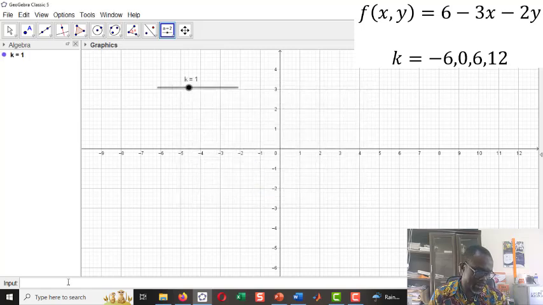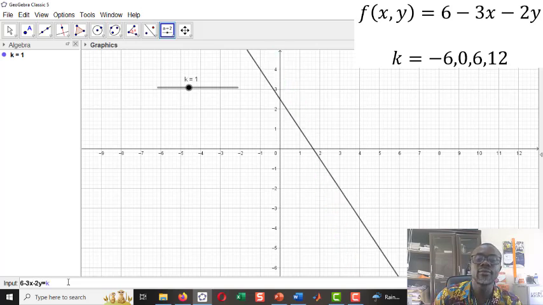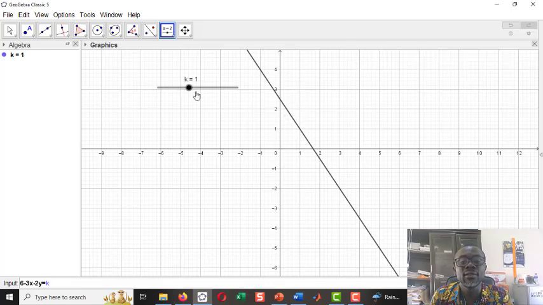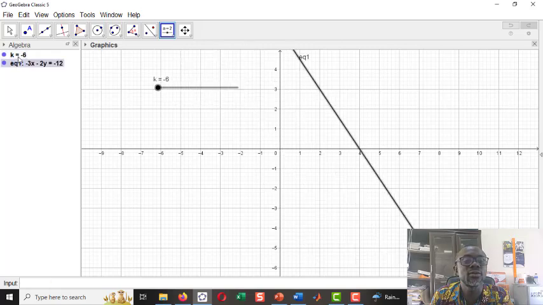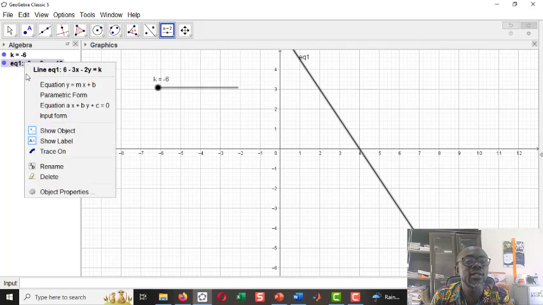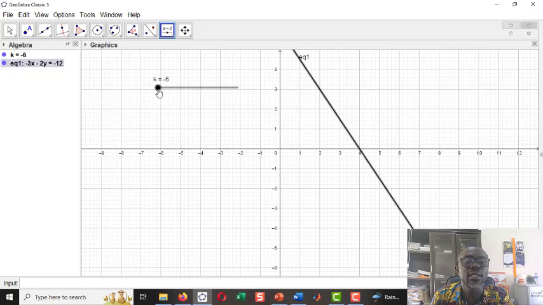Then you type the equation 6 minus 3x minus 2y equal to k. So you can see that we have one of the lines here. As you move the slider, you can see that I'm getting all the lines. I want to draw all the possible lines, so I'm going to trace this line and animate it.